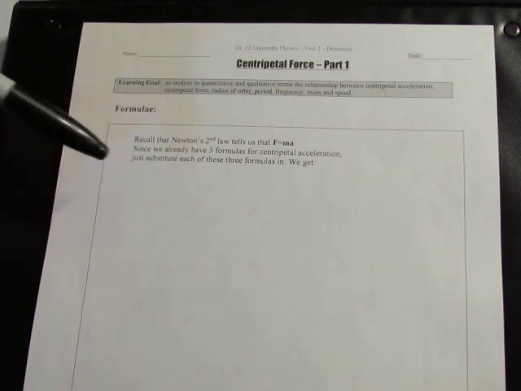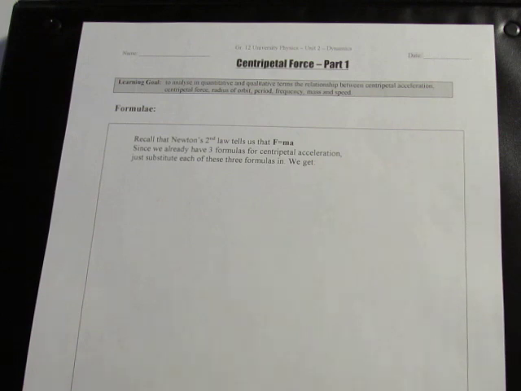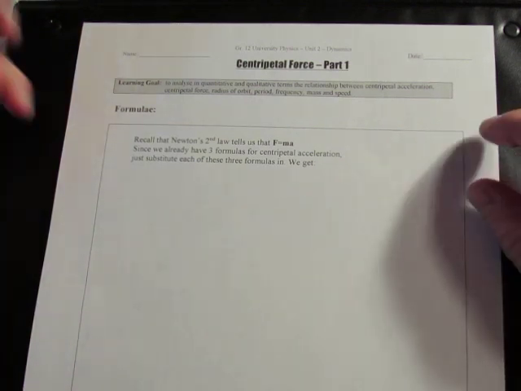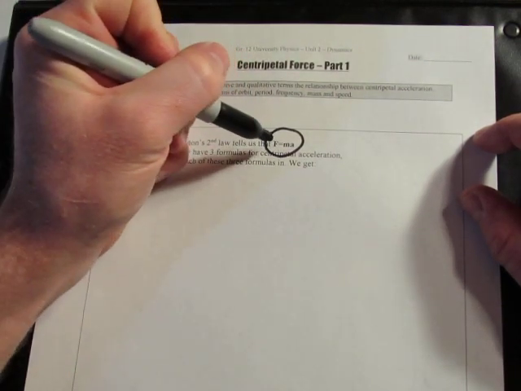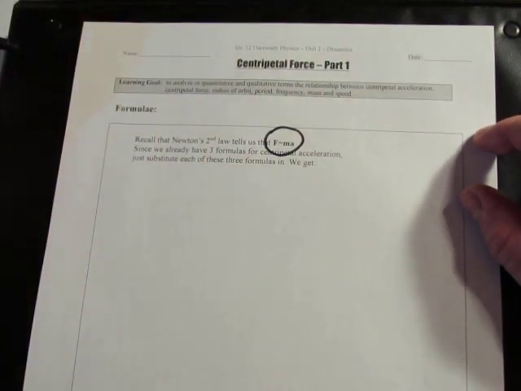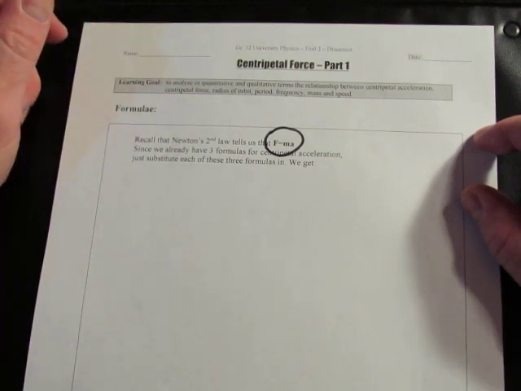The first thing we're going to do is derive the formulas for centripetal force. Now the formulas that you were using on the work previous were for centripetal acceleration. This isn't much of a derivation. In fact, it's probably the easiest derivation out of the entire year. Recall that Newton's second law tells us F equals ma. Well, you already have three formulas for a, for centripetal acceleration.